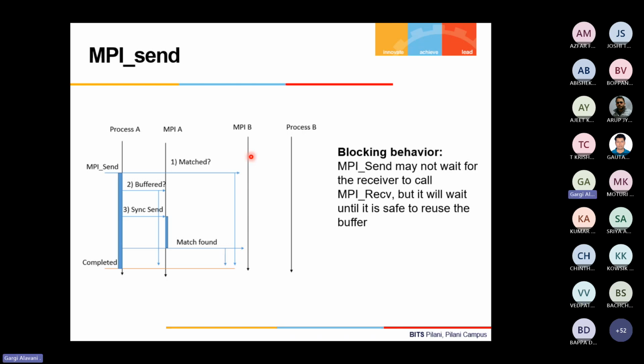In that case, if MPI send is not able to buffer the data, it will have to wait till someone receives it. But if it is a small message, it can just get buffered, and then you can start communication with another message or do some other computation task.